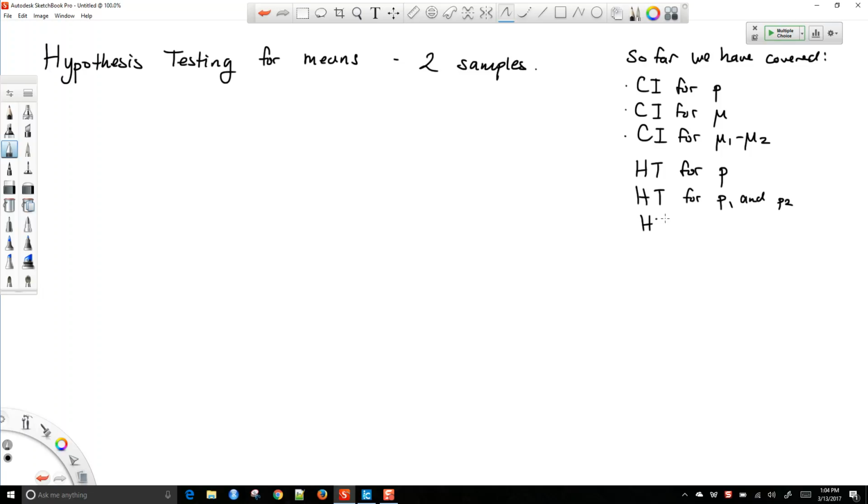We've done hypothesis testing for mu, and then today we will do hypothesis testing for mu1 and mu2. The only thing in the pattern that we did not cover was confidence intervals for p1 minus p2. It's on that formula sheet, but we did not cover it.